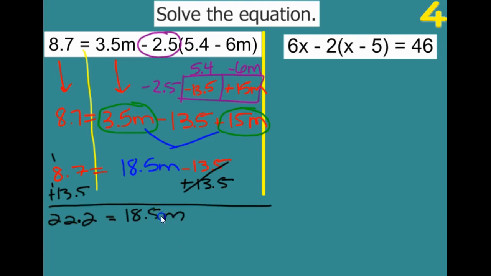And then last, the opposite of multiply is divide. So we have 22.2 divided by 18.5 gives us a nice 1.2.